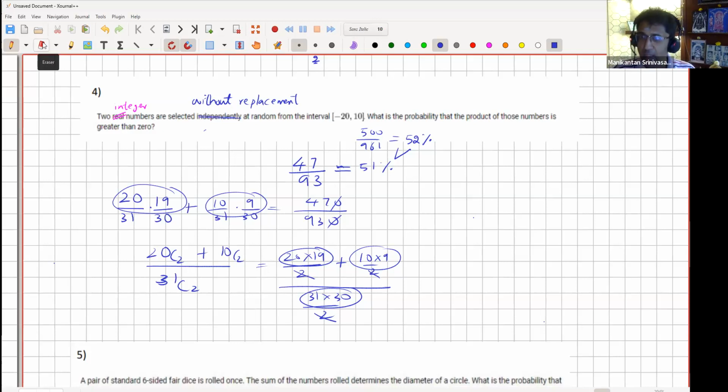Plus the double mistake was you did not count 0 at all, which is why you got lucky. You did 20 upon 30 into 19 upon 30 instead of upon 31, right? You did think of integers while solving this question, right, Ananya? But you made 2 mistakes. In the denominator, you did not count 0, and therefore the denominator was wrongly 30. But it helped in the sense. Does it make sense? Okay. Completely okay, right? Question 5.